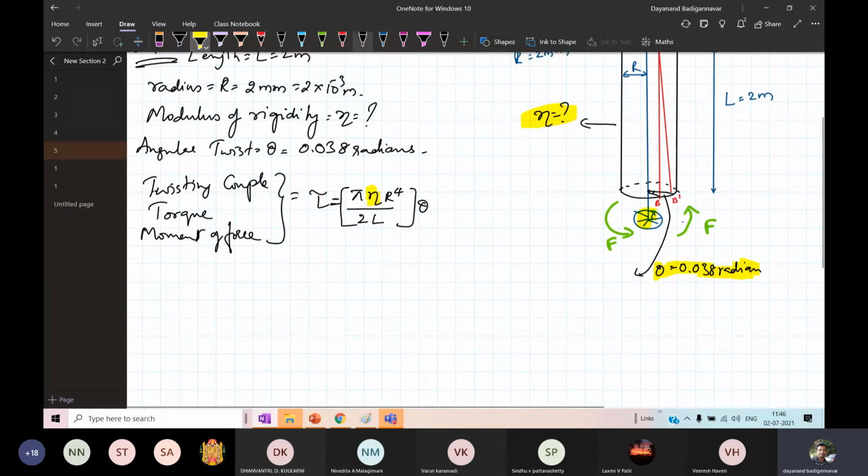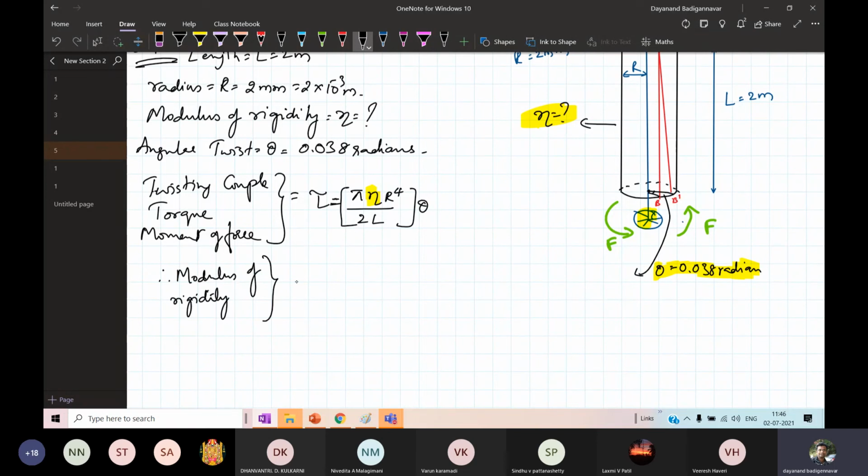Therefore eta, the modulus of rigidity, is equal to 2 into tau into L divided by pi r raised to 4 into theta. Simple. You get the answer and write the value.